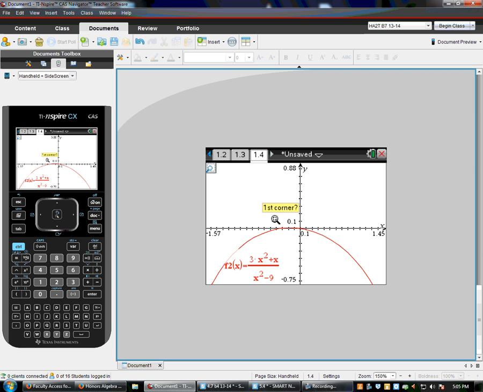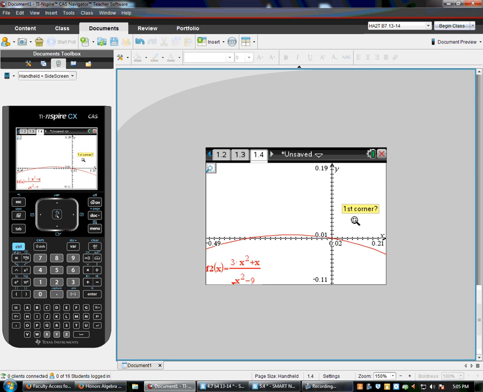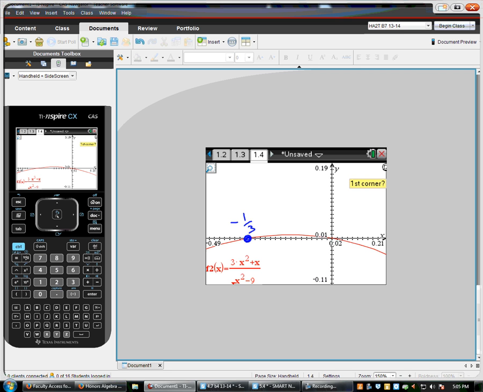Let me try this again. There we can see it. So you can see this point right here must be -1/3. This point right here is 0. You could see this going to negative, like -1/2 or something like that. So I just zoomed in on that one little piece so that you could see that.